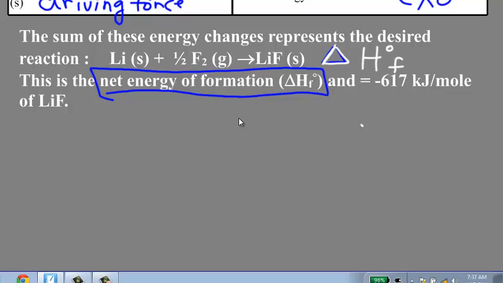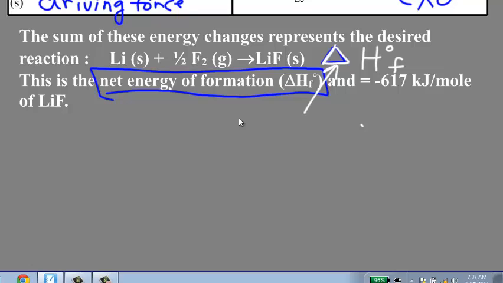Delta H degree sub F. The degree means that everybody started in their standard state. The degree also means we're at 25 degrees Celsius and 1 atmosphere of pressure. Because if you change the temperature, you change the pressure, you change the energies. Okay? So to get the overall energy change associated with this reaction, the delta H, that's really what that is.